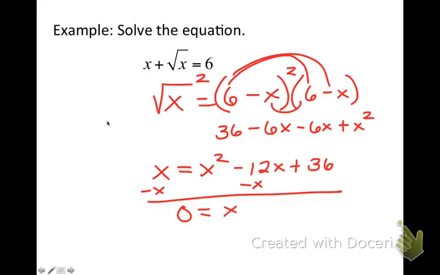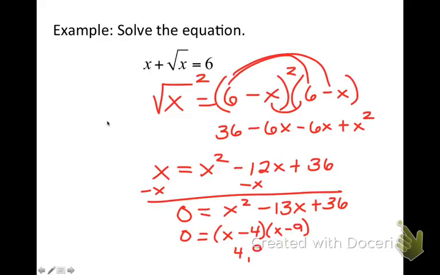So 0 equals x squared minus 13x plus 36. Yeah, 4 and 9 would factor that, right? Negative 4, negative 9. So we get x minus 4, x minus 9 is equal to 0. So my two solutions would be 4 and 9.